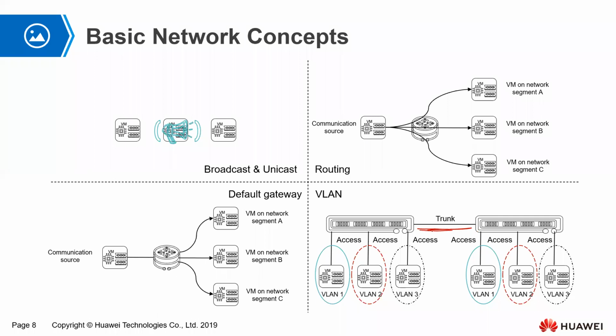Therefore, the two ends of a trunk link must be able to distinguish frames with different VLAN tags. This means that only tagged frames are transmitted along trunk links. Okay, that is the difference.